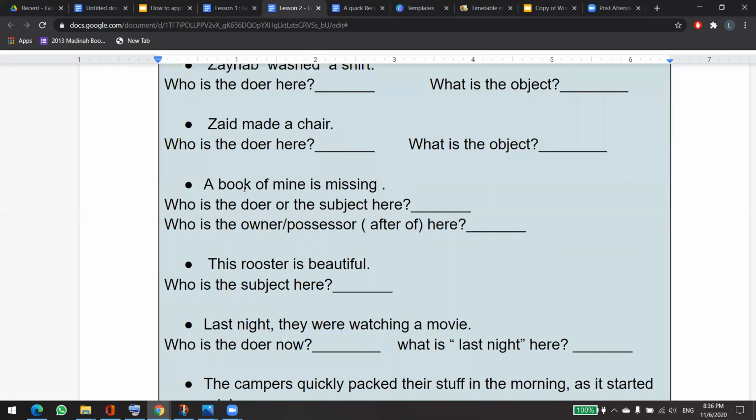So book is the subject here. Who is the owner of the book? Mine. So I'm the owner, right? So there are two positions over here, doer and owner. Owner of the book and doer of the action.